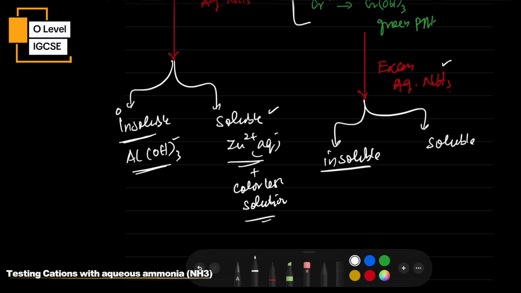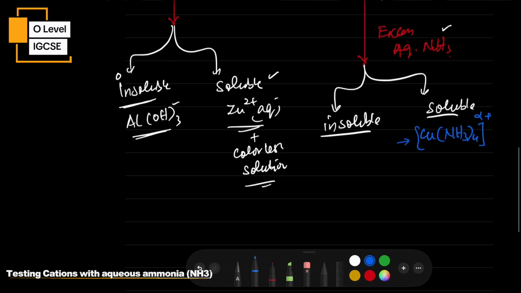And the soluble one this time is copper, forming [Cu(NH3)4]2+ ion. It is not necessary to memorize this formula, but the solid copper precipitate is going to dissolve in excess ammonia, giving a deep blue solution.